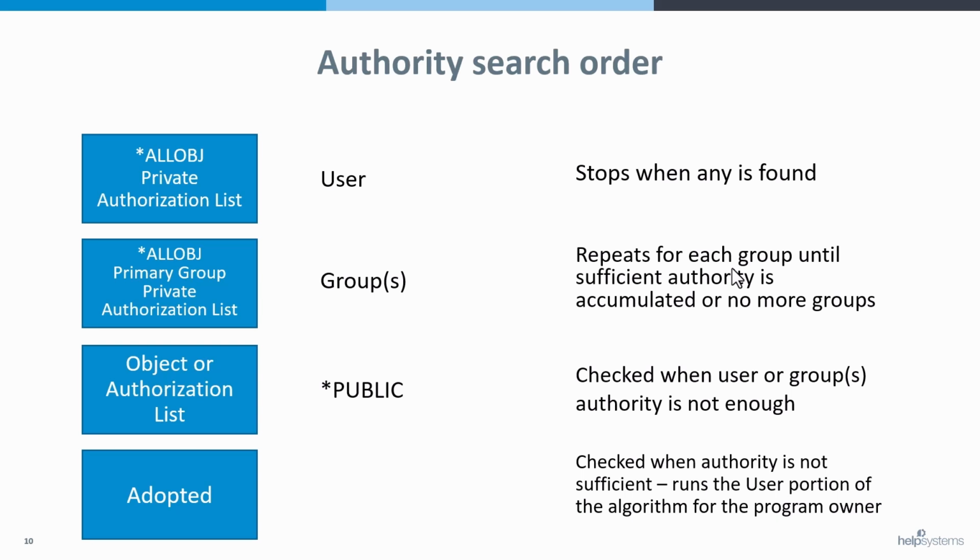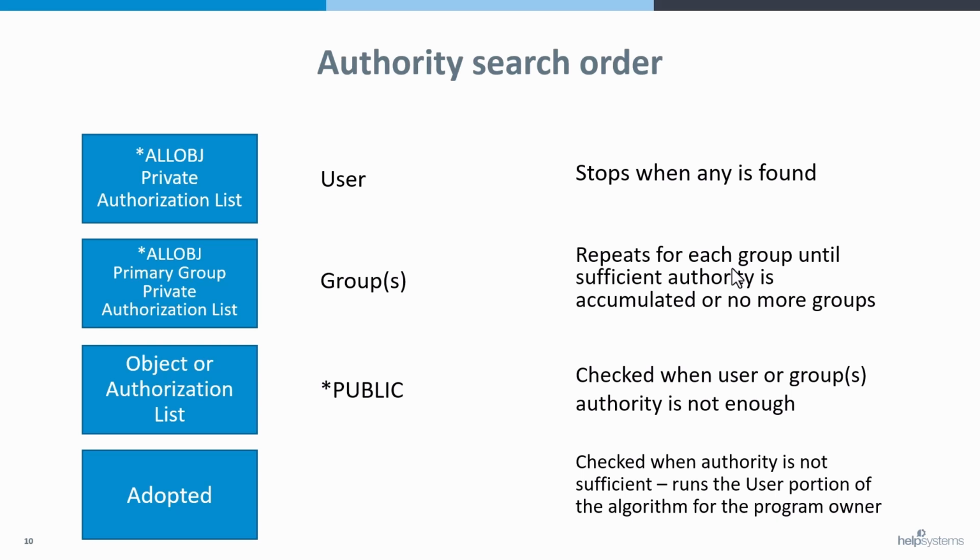So if you've gone through and you've secured your objects with authorization lists and you've set public to exclude on all of those authorization lists, that's great. Ensure that the objects themselves, their public authority is pointing to that authorization list with a star AUTL value and not change or all, because that private authority for public on the object itself is what will be evaluated first before the authorization list.